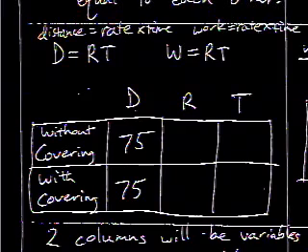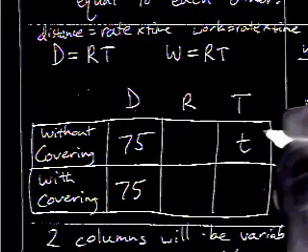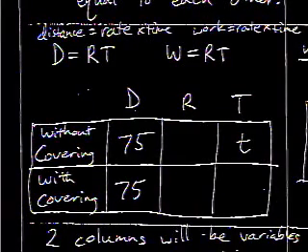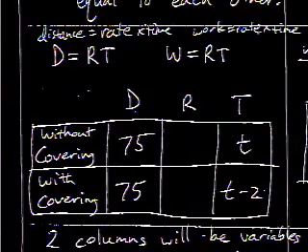But it says that it's reduced by 2 hours. Well, I don't know what the time is without the covering. But I do know that when I add the covering, I take off 2 hours of time.